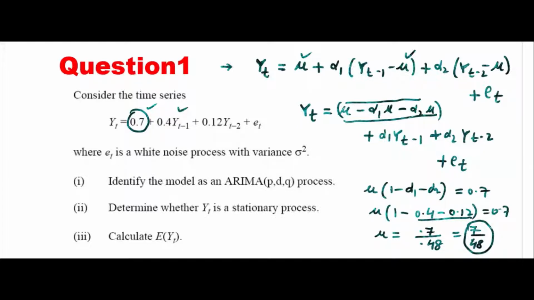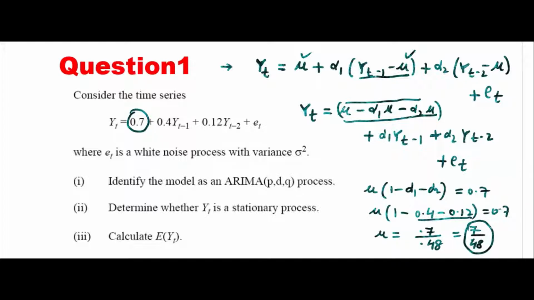Either this will not be given, or if this is given, make sure you get it this way. If I change this question and write 0.4 minus 0.7 here, and 0.12 minus 0.7 here, then 0.7 will be mu. That is something you need to remember.